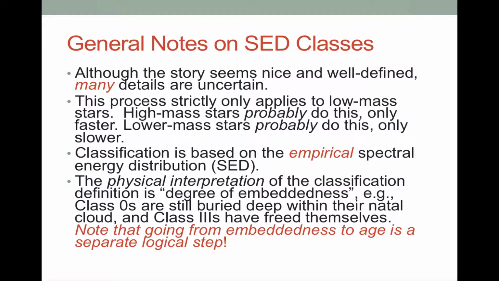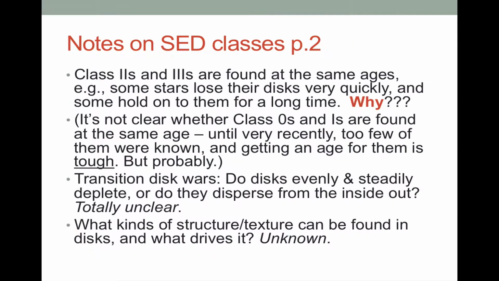So class 0s being the youngest and class 3s having freed themselves and being the oldest is a separate step from the observed shape of the spectral energy distribution. That link between the shape of the SED, the interpretation of it as dust, and then an implicit association with age are separate logical steps.